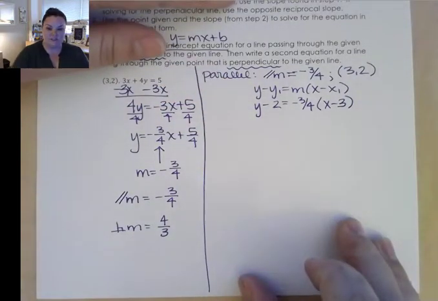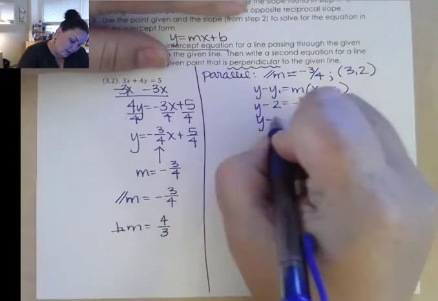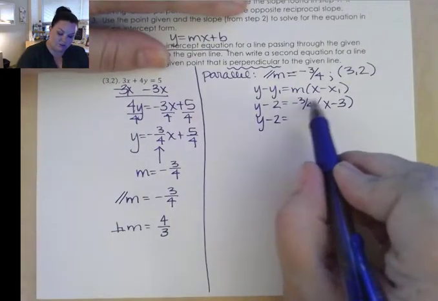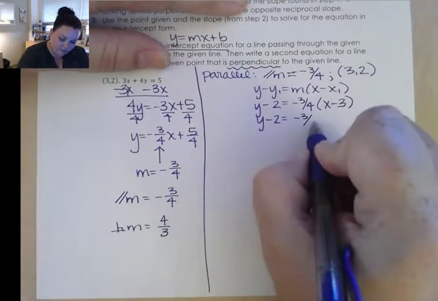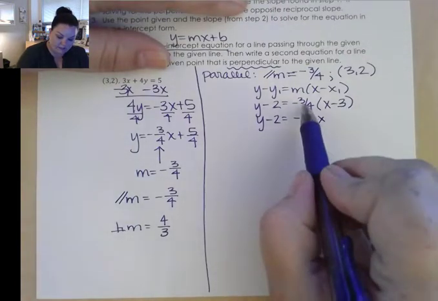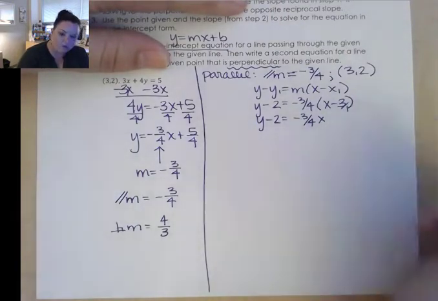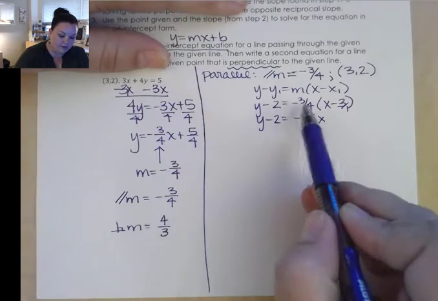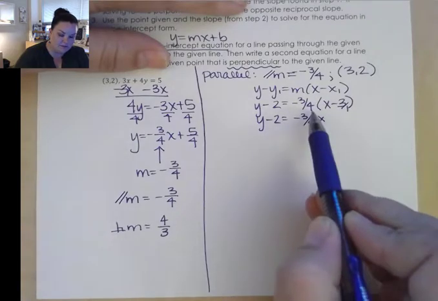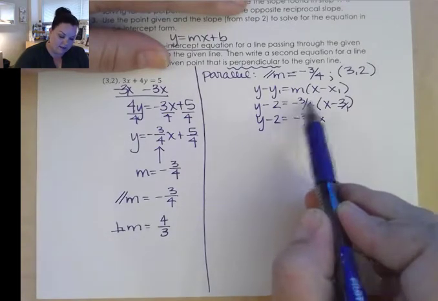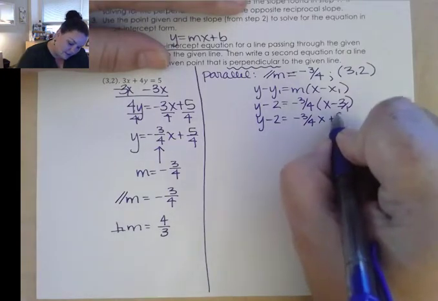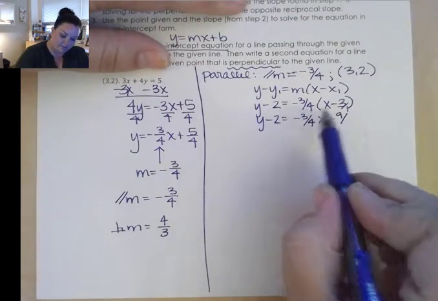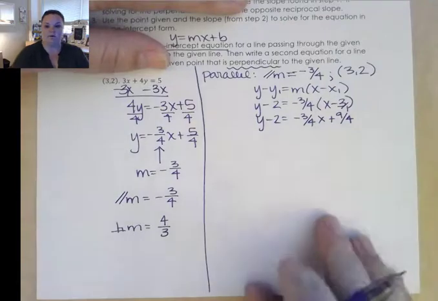Okay, and now I just need to simplify. So I have y minus 2 is equal to, when I distribute here, I get negative 3/4 x. When I distribute here, you can think of this as 3/1, right? We multiply fractions, we multiply tops with tops, bottoms with bottoms. So negative 3 times negative 3 gives me a positive 9 on top, and on bottom 4 times 1 gives me a 4 on bottom.